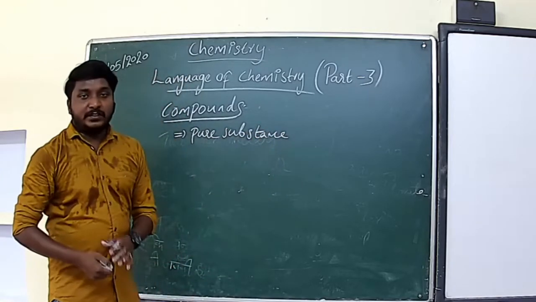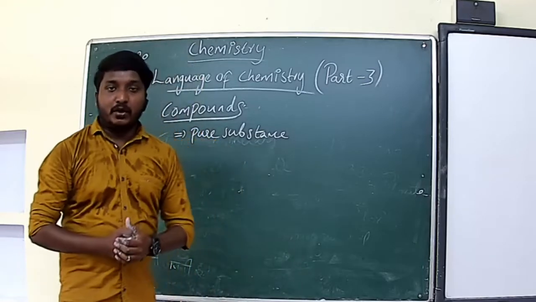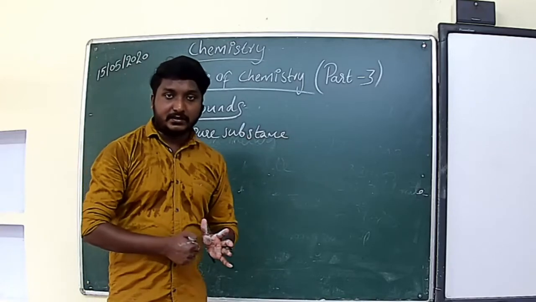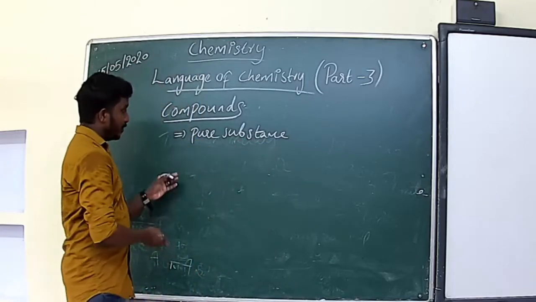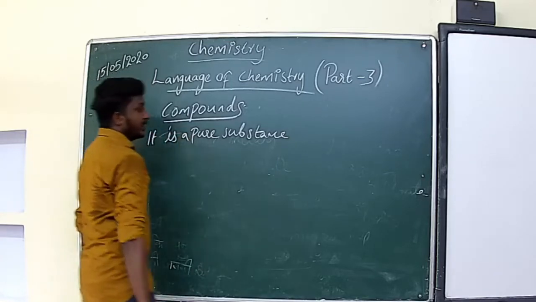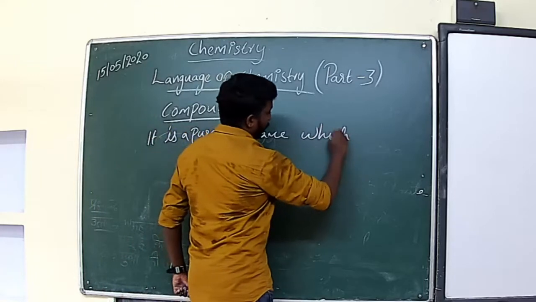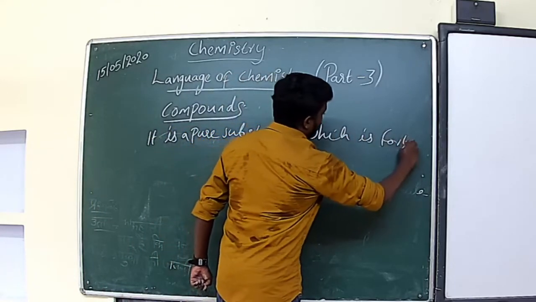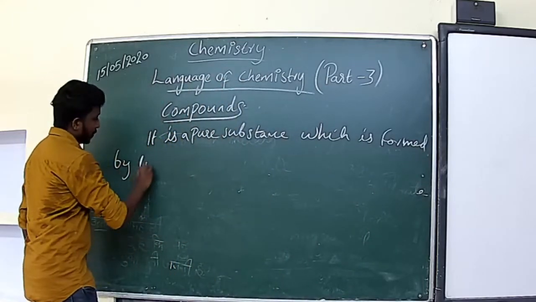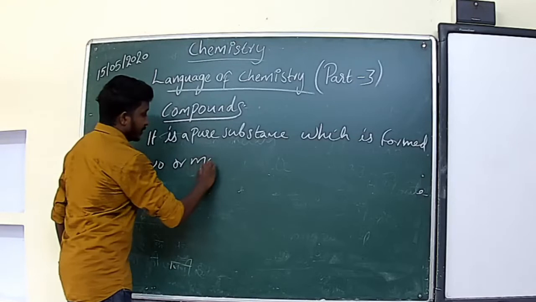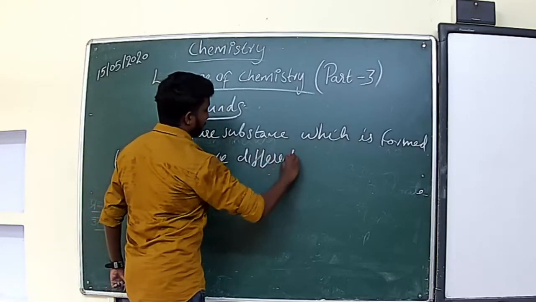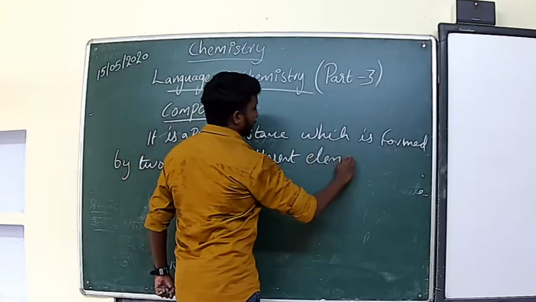So compound is a pure substance which is formed by 2 or more different elements combined chemically in a fixed proportion by weight. That is known as compound. So what is compound? Compound is a pure substance which is formed by 2 or more different elements combined.